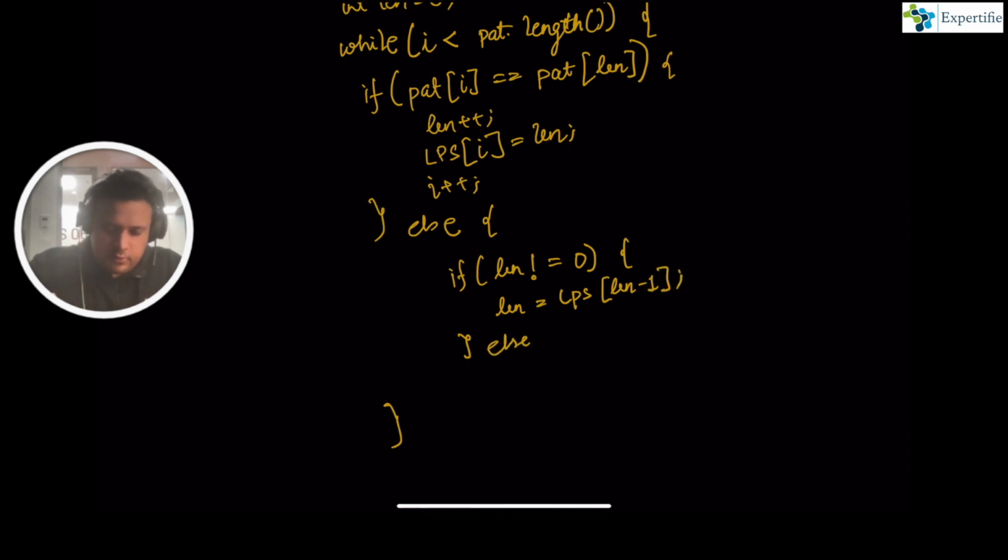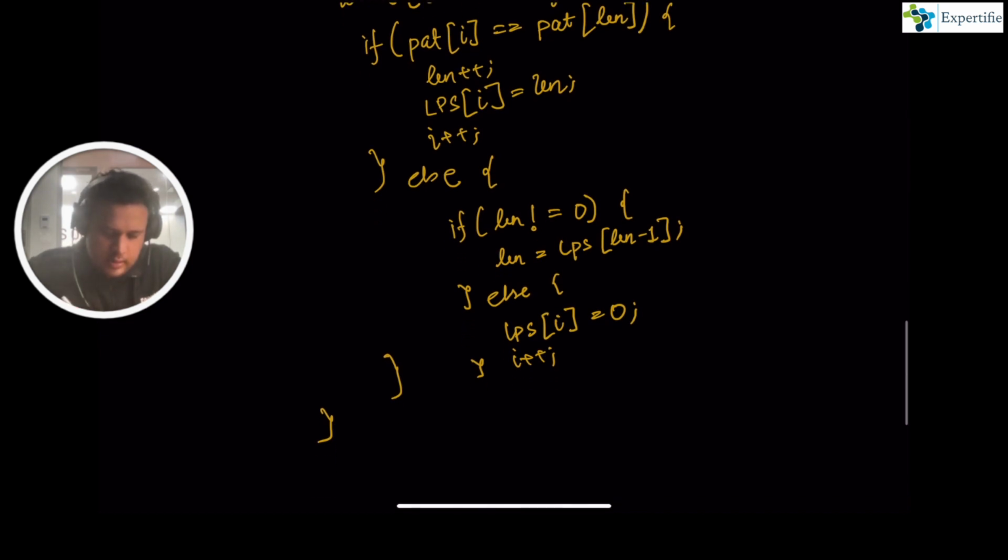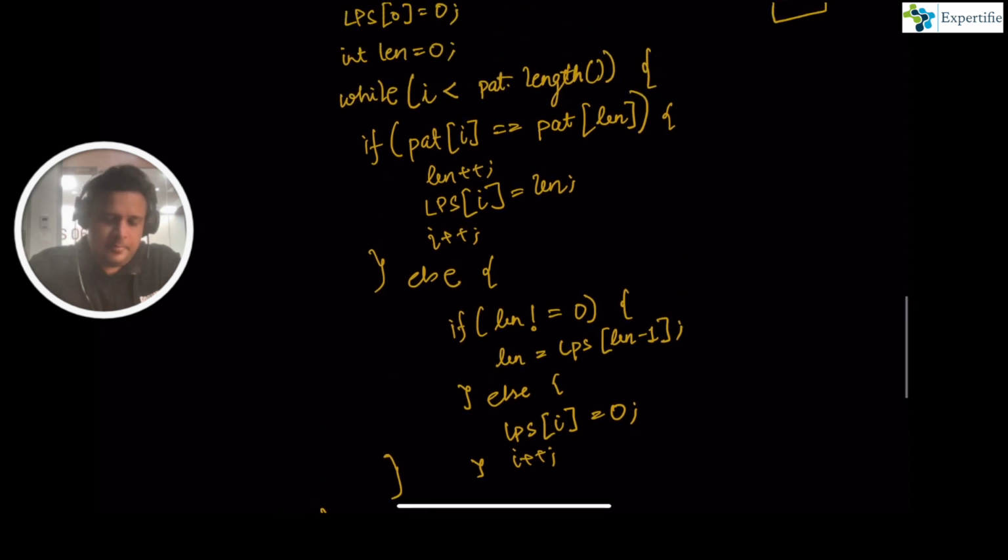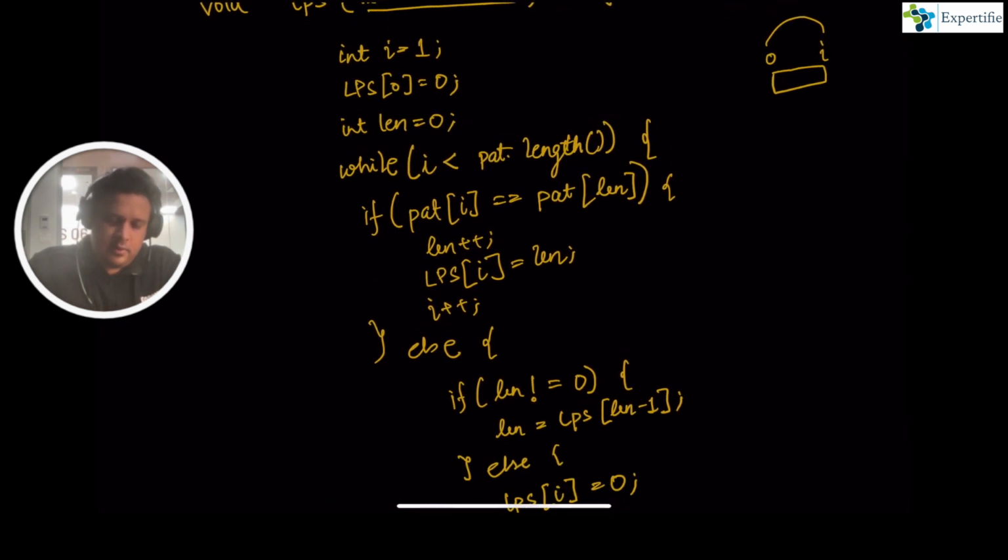Else, if it is equal to 0, then when length becomes 0, we say LPS of I is equal to 0, and we also do I plus plus. Cool. And this while loop ends, and the method also ends. Simple. So when pattern I is equal to pattern length, then length plus plus, otherwise length is equal to length minus 1.